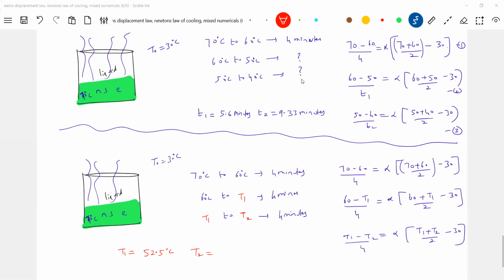T2. Just hurry up. T2 value. Anybody value T2?